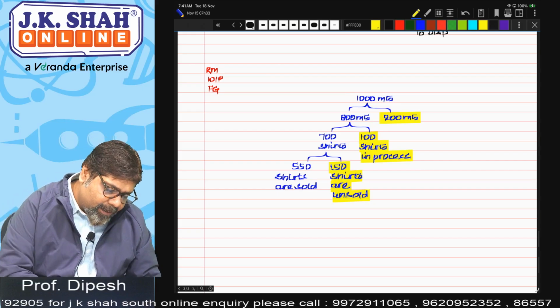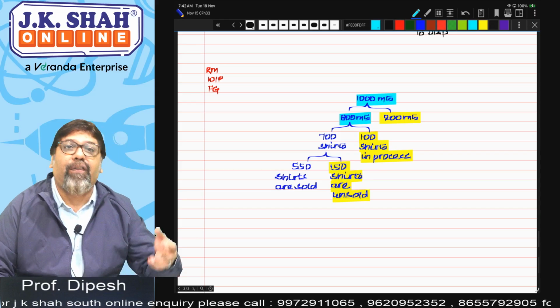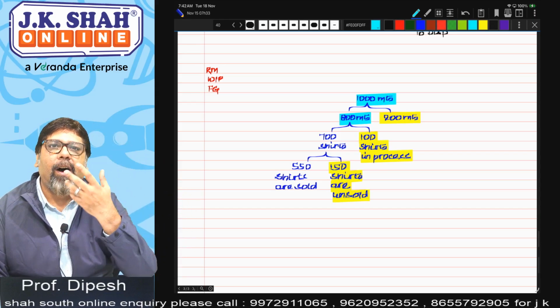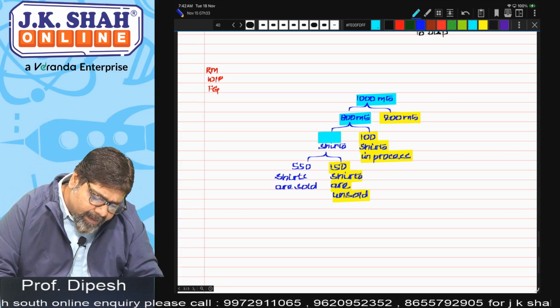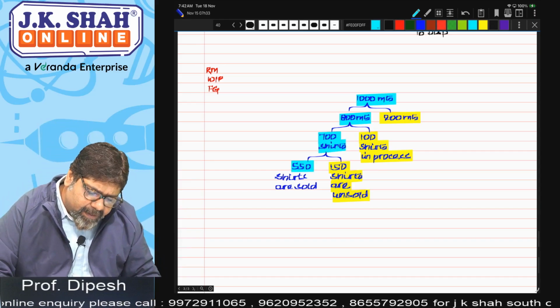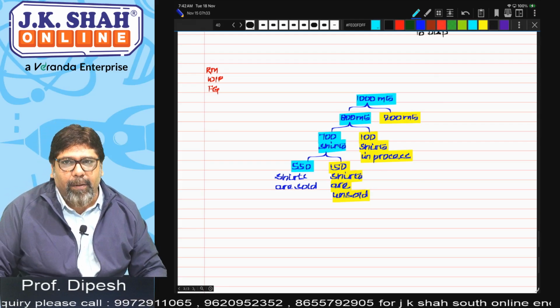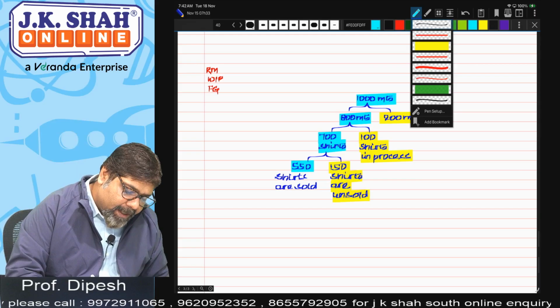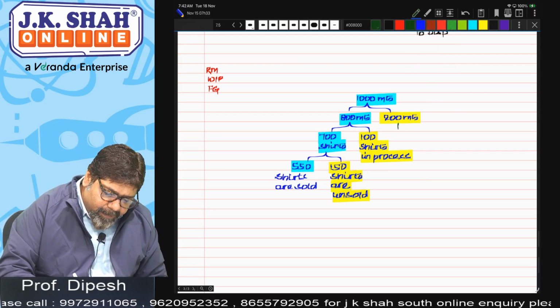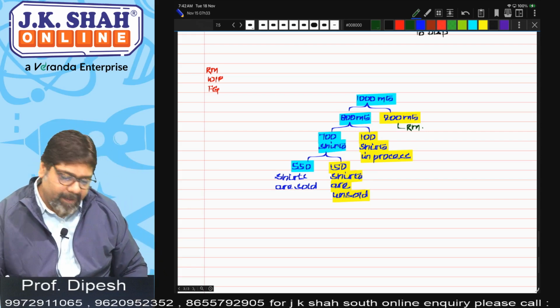So I purchased 1000 meters, 800 meters used for making shirts, 700 shirts I made, and out of that 700 shirts, 550 I sold. Now, can you see these three yellow parts? These we call raw material.